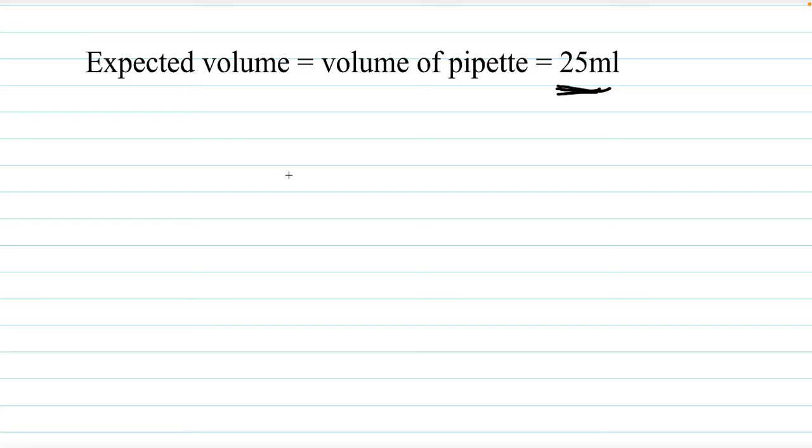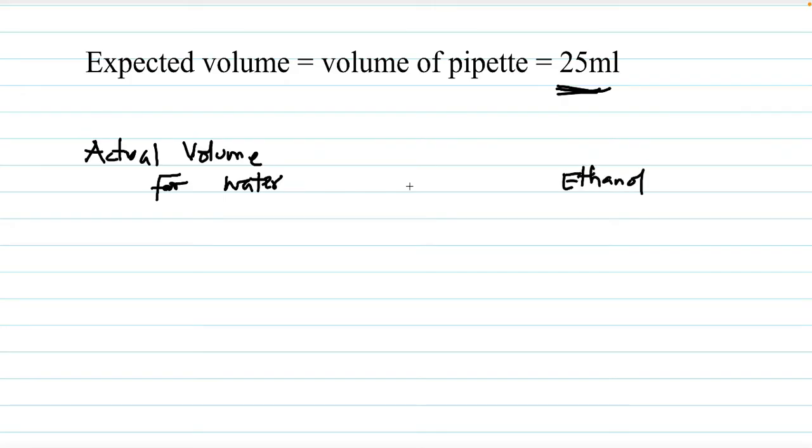Now, if you want to carry out the calculation, the actual volume for water and ethanol is actually the answer obtained from number 3.